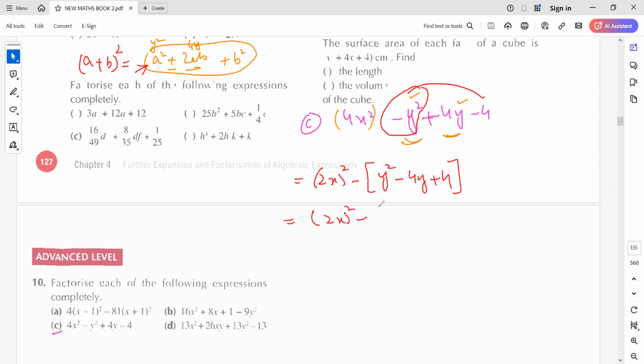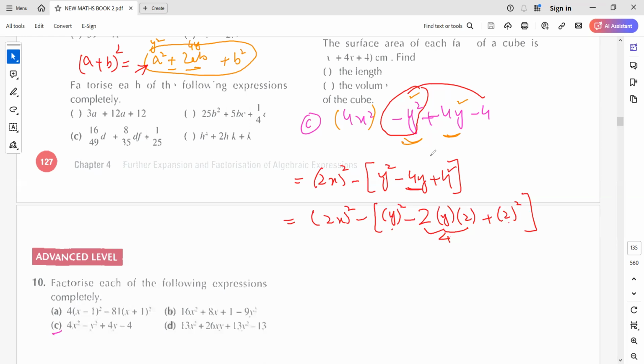So now I can see that this can be written as square of y. This 4 can be written as square of 2. Then in between, this negative 4y can be written as 2 times the first term, y, times the second term, 2. When you multiply them, 2y times 2 gives this 4y.